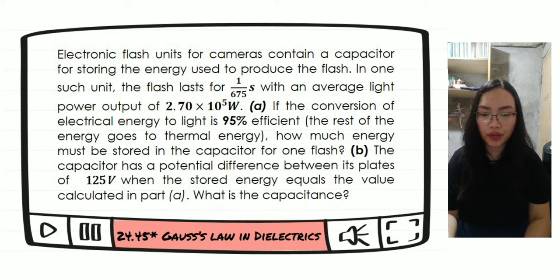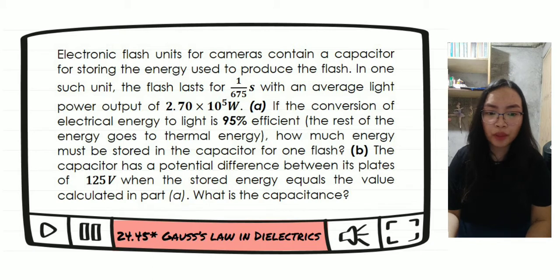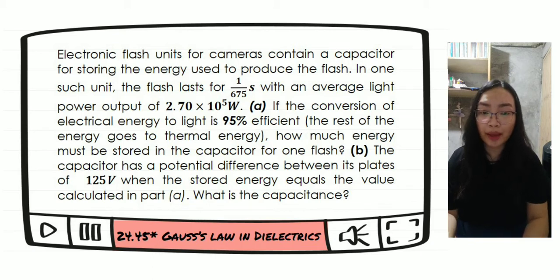In one such unit, the flash lasts for 1/675 seconds with an average light power output of 2.70 times 10 to the 5th watts. In part A, if the conversion of the electrical energy to light is 95% efficient and the rest of the energy goes to thermal energy, how much energy must be stored in the capacitor for one flash?